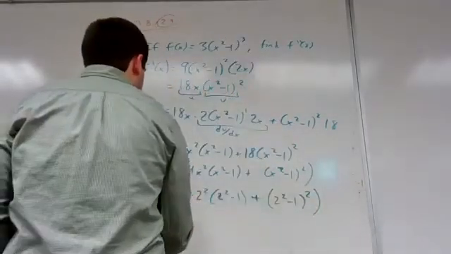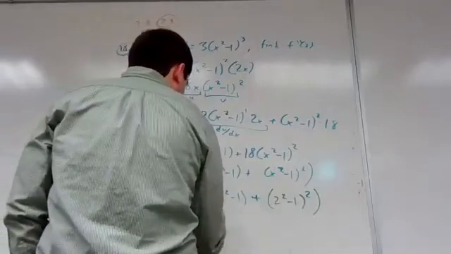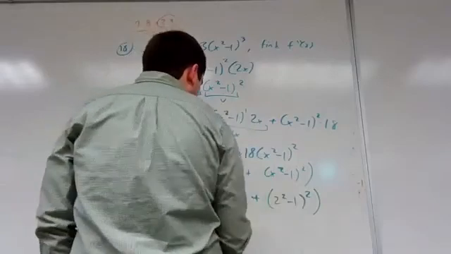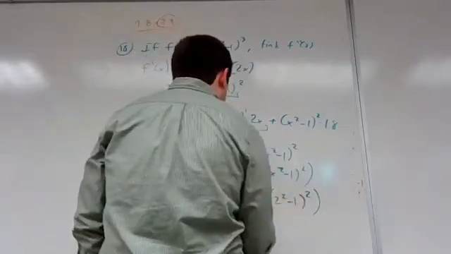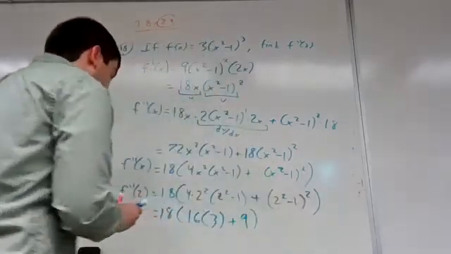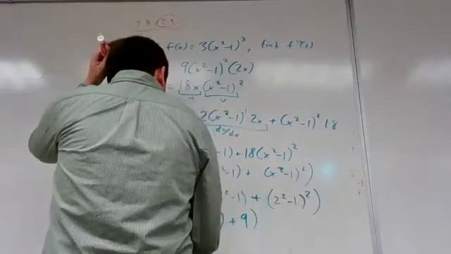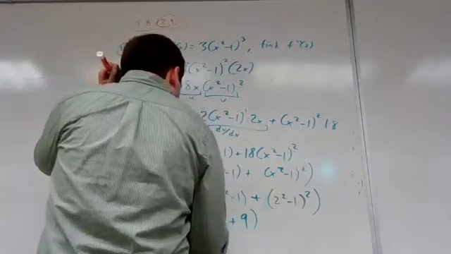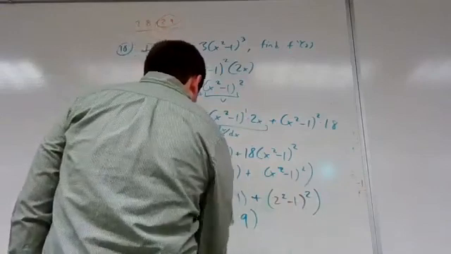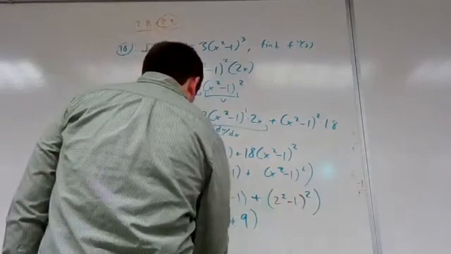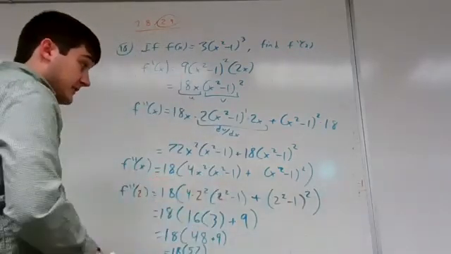So we get 18 times [4 times 4 is 16, times (2 squared minus 1) gives us 3, plus (2 squared minus 1) squared is 3 squared, which is 9]. And so then we can multiply this out. 16 times 3 is 48. So we get 18 times (48 plus 9), which is 18 times 57. And then that ends up being whatever the number is.